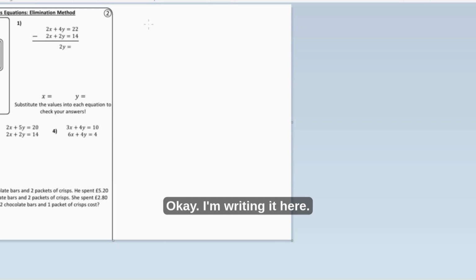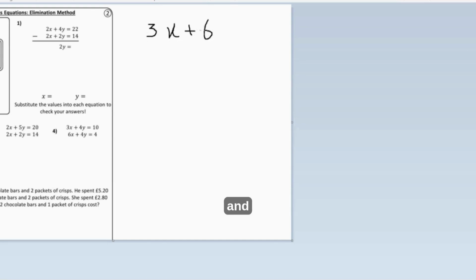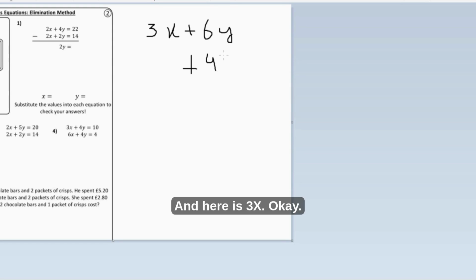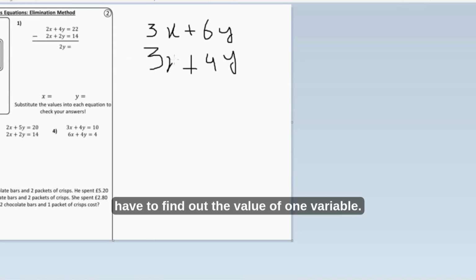For example, okay, I'm writing it here. These equations are like 3x plus 6y and plus 4y, and here it's 3x. So now you have to find out the value of one variable.